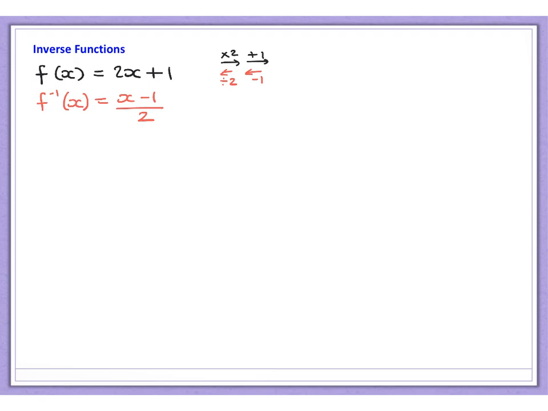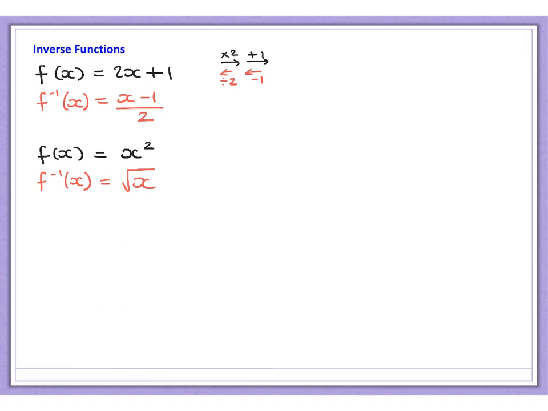Let's look at some other very simple examples. If f of x equals x squared, well, the inverse of squaring is, of course, square rooting. So you might write down f of x inverse, or f minus 1 of x, is the square root of x.